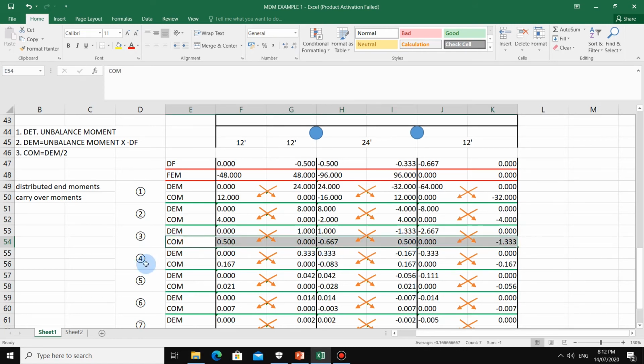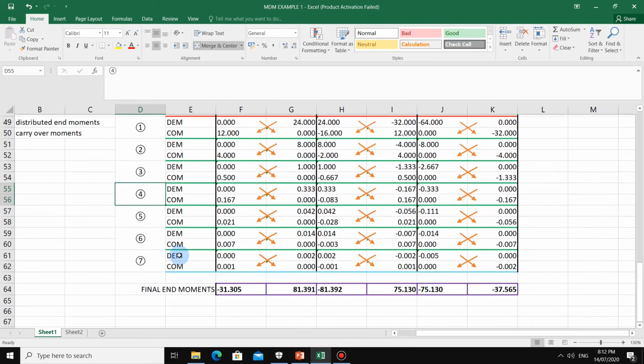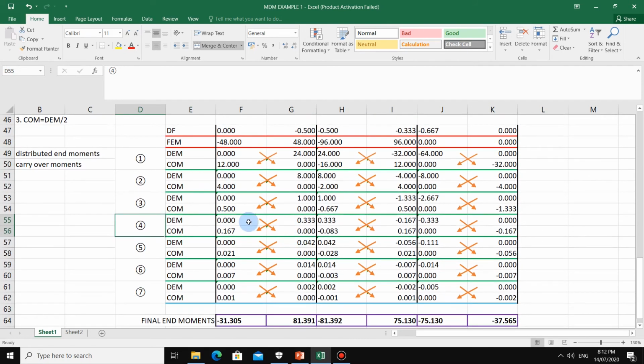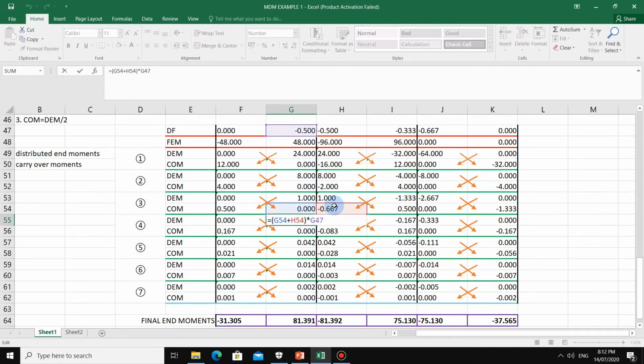Okay? So the next step is to proceed to the fourth cycle. Here, guys, DEM again. So you add the CUM, then times the distribution factor, and you get that. Okay, so it's not difficult anymore, guys.